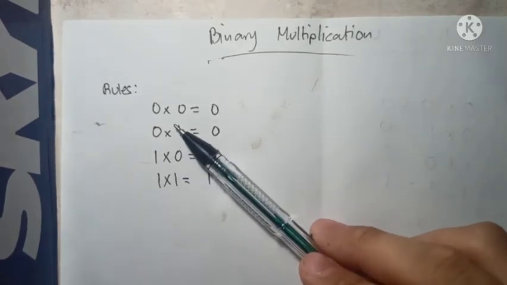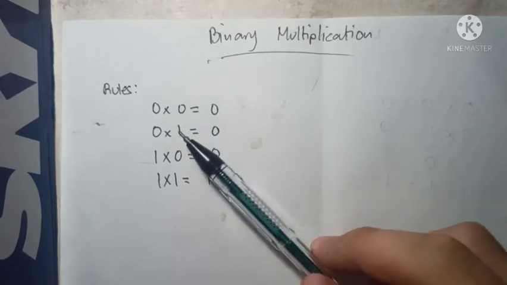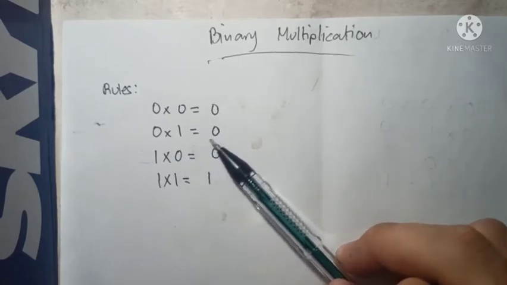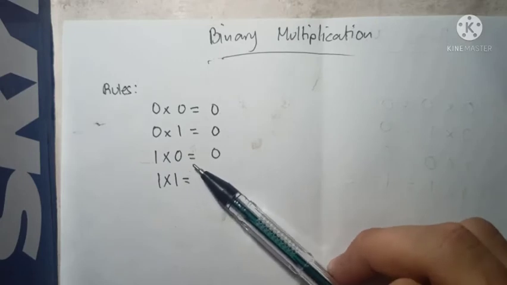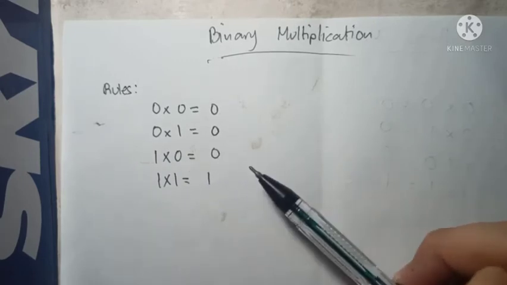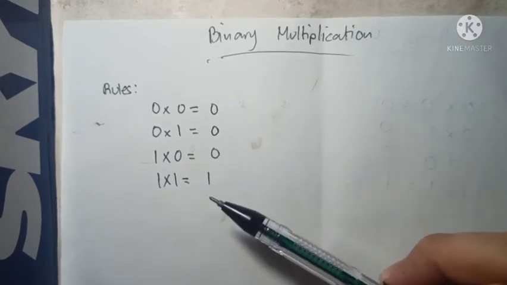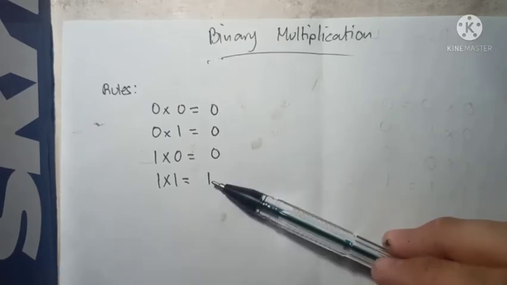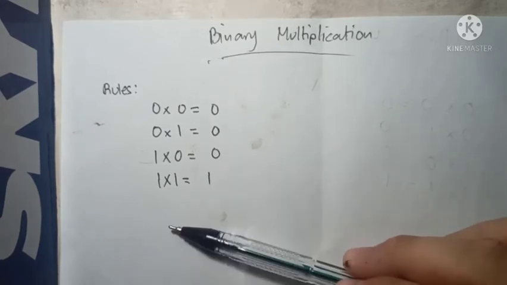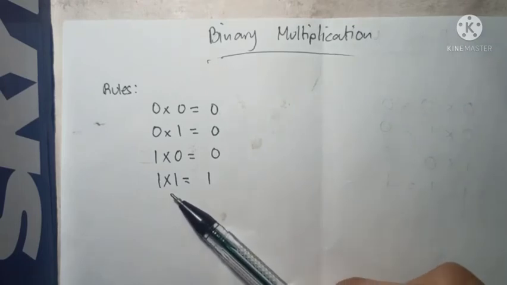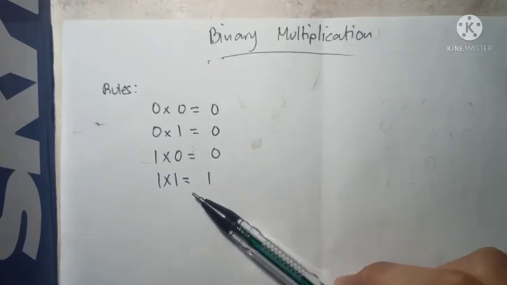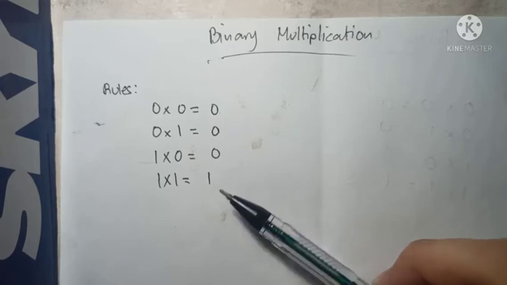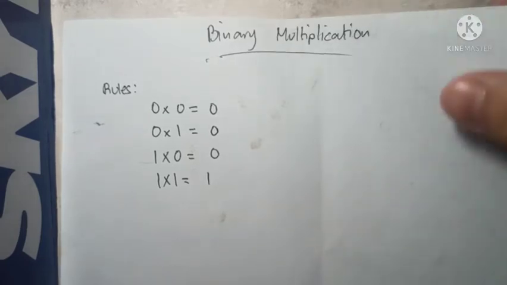So 0 times 0 equals 0. 0 times 1 equals 0. 1 times 0 equals 0. Whenever both values are 1, we can multiply and get the answer. 1 times 1 equals 1. So let's solve some problems.